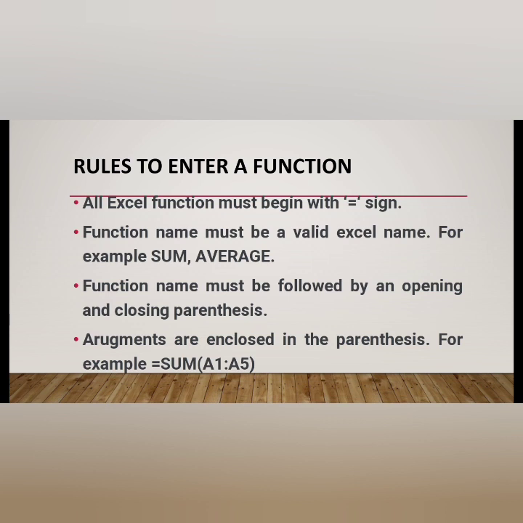Now this A1 to A5 is the argument. Arguments are the input values to functions upon which calculations are performed to find the final result. These values can be a number or a text, etc. And we have to enclose these within parentheses.